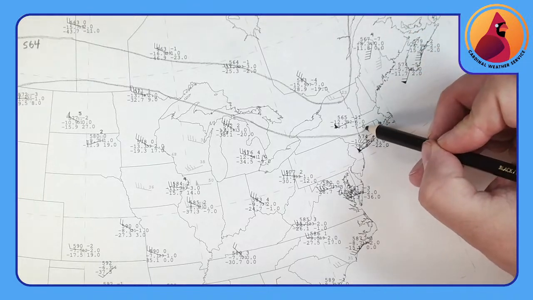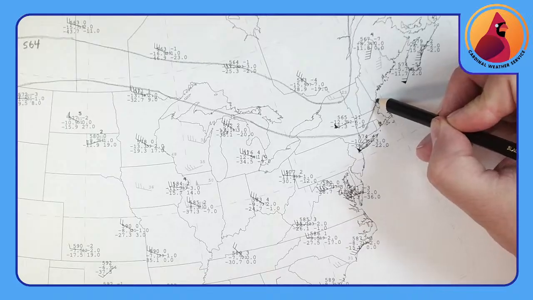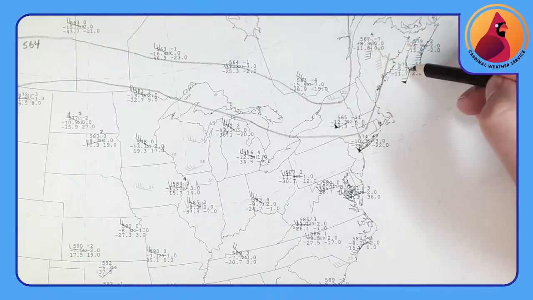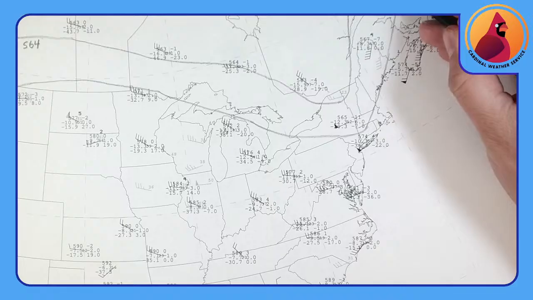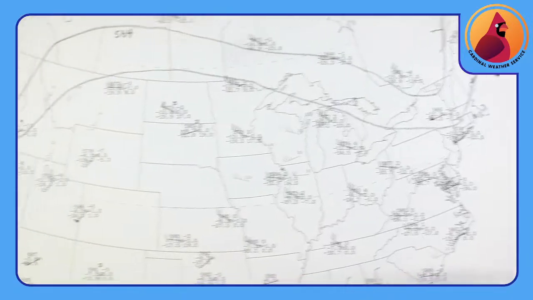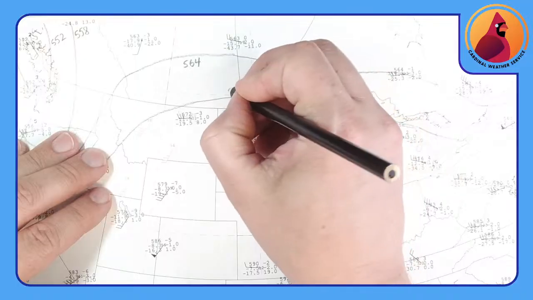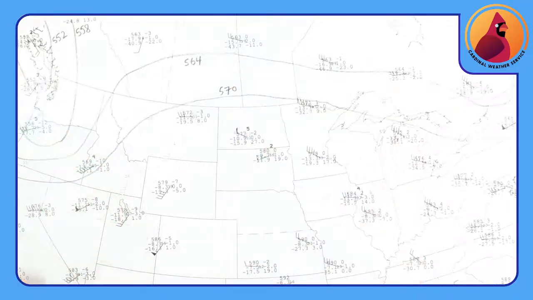So we're going to want to bring this between the two, again, slightly closer to this 567 than to 574. Bring it up here. And I will label this line right here.